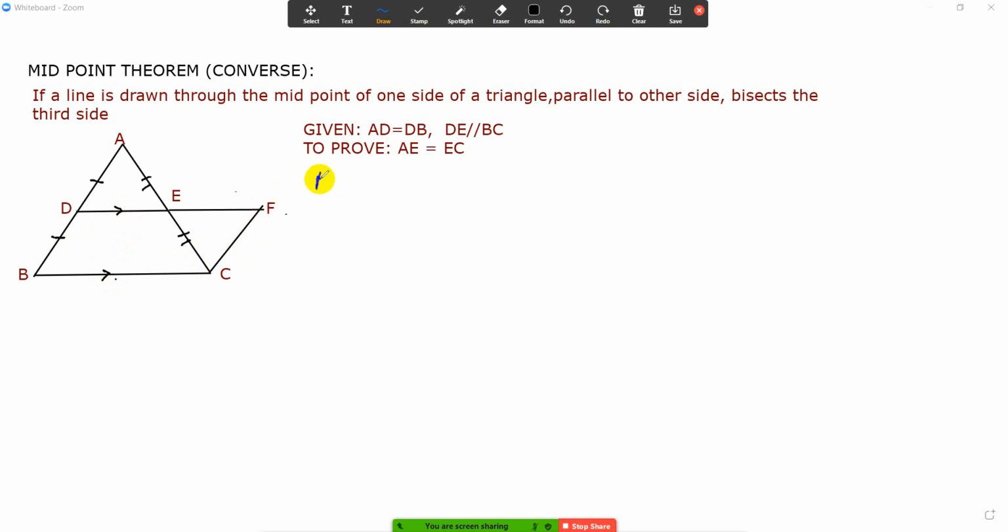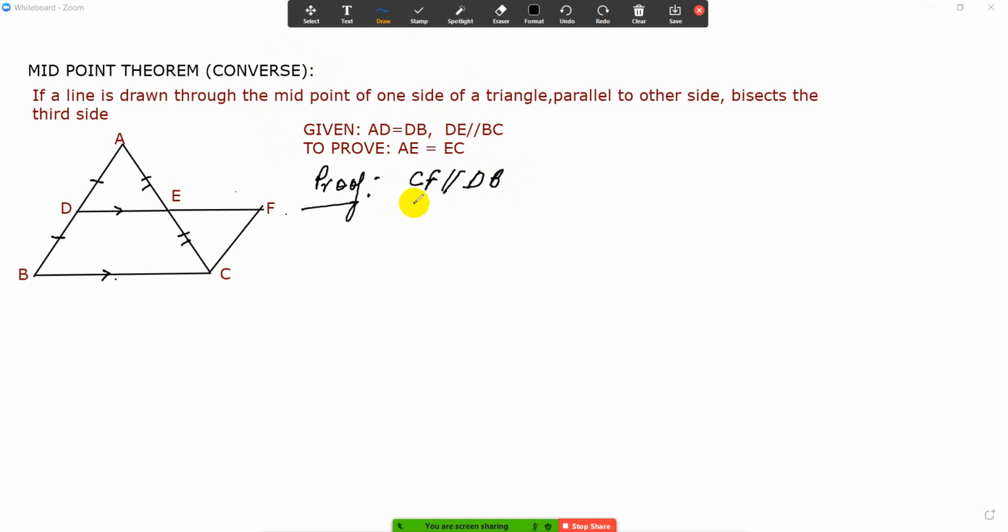Now how we are going to prove it? So if we go to the proof statements, CF is parallel to DB, which is by your construction. We have constructed it like this.